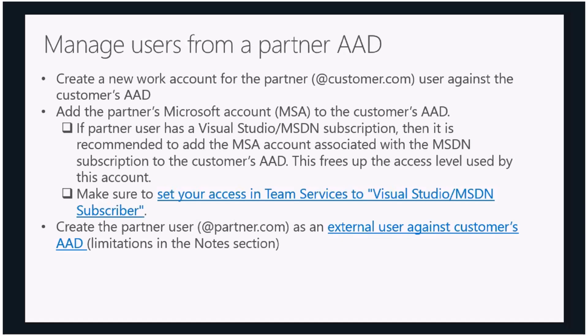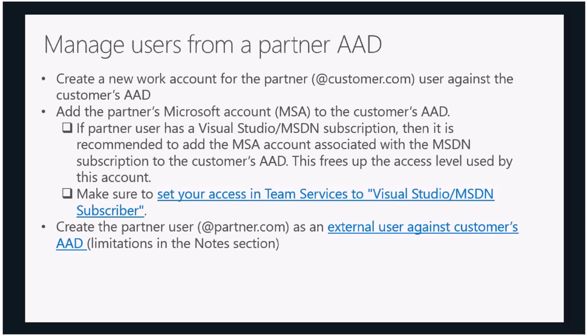One of the options is you can create a new work account for the partner against your tenant. As in, from a customer point of view, the customers can create a work account for the partner at customer.com. In other words, you're actually creating a new user against your Azure Active Directory for each of the individual partner users that will be working on this particular project.